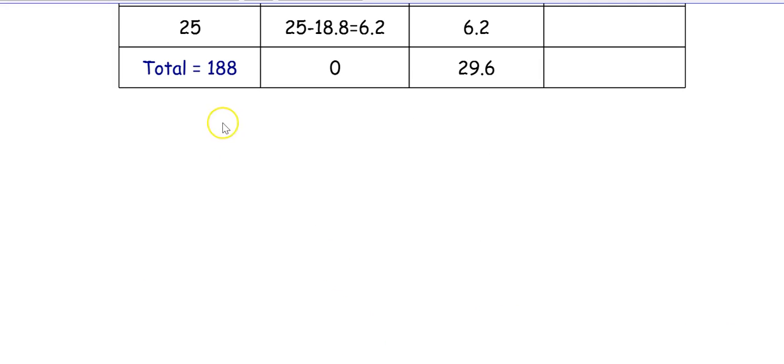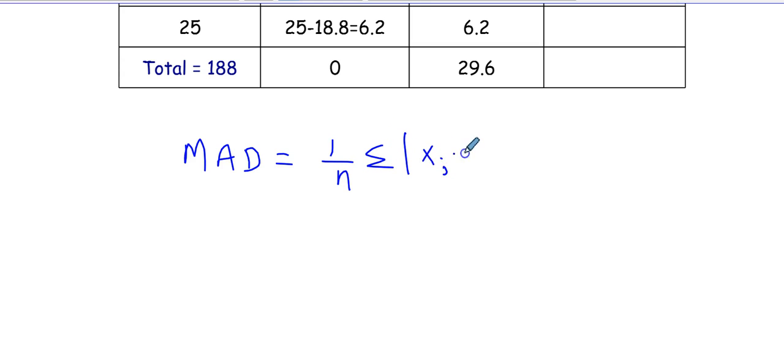So MAD is equal to 1 over n, sigma, absolute value of xi minus x bar, that is 1 over 10 times the sum of all these, 29.6.